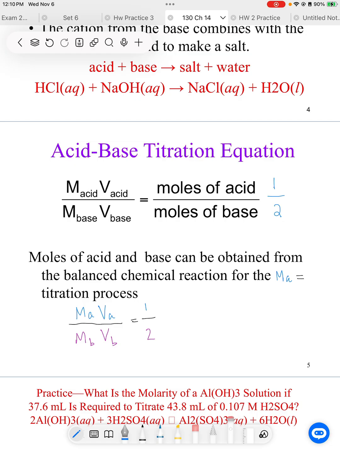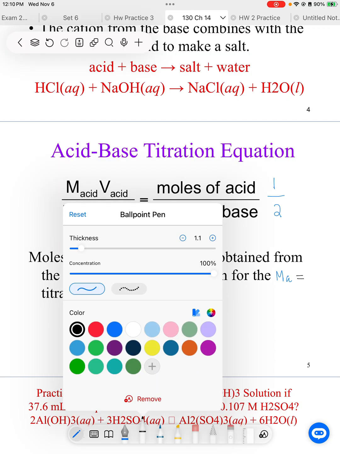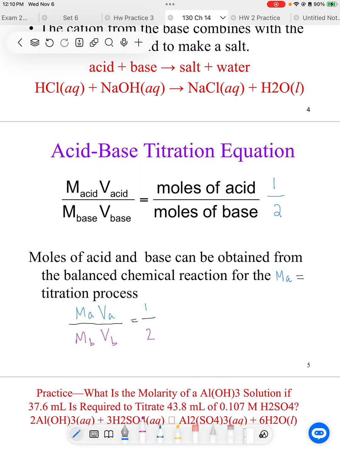So PK taught us if we take this 2 and we multiply it here, we take this 1 and we multiply it here. And I'm going to keep the colors the same so you can see where I went. So the 2 came up here and the 1 came down here. And what did we do to the other side?